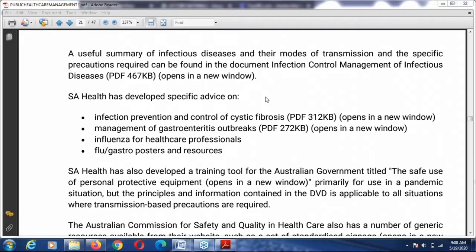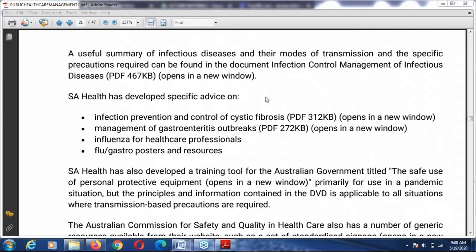Now let's quickly go to prevention and management. That's chapter 5. Prevention and management of infection in healthcare setting.